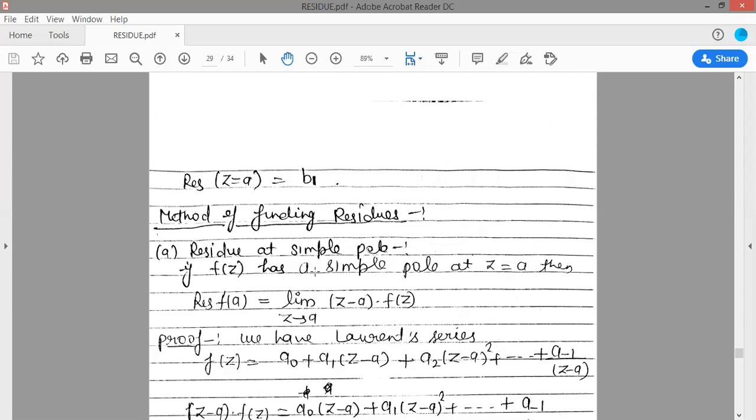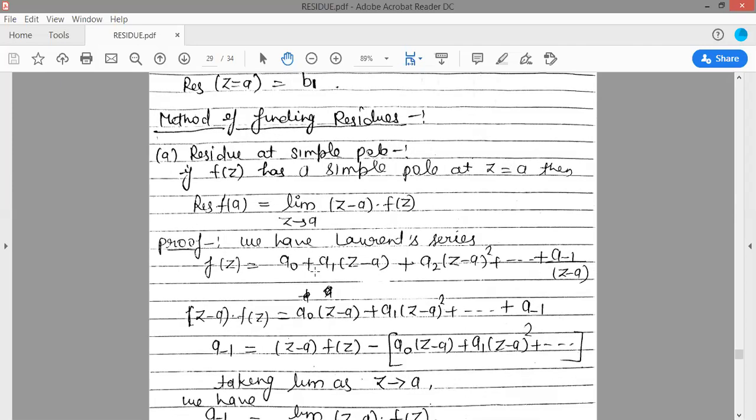So that value a minus 1 will be your residue at z is equal to 0, because of e to the power 1 by z, so 1 upon z. If you take 1 by z common outside, z is equal to 0 is your pole. So that value a minus 1 will be your residue.